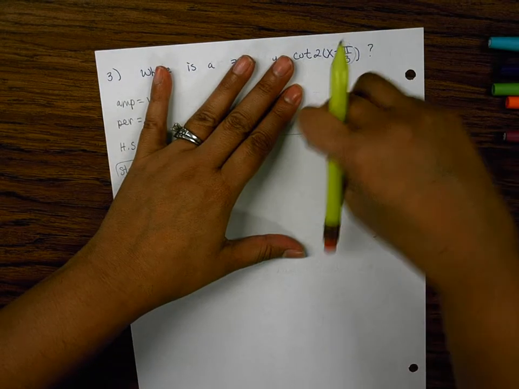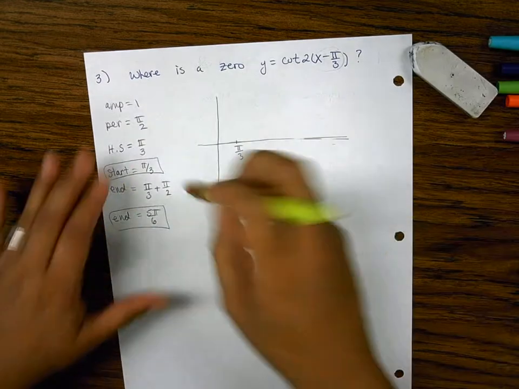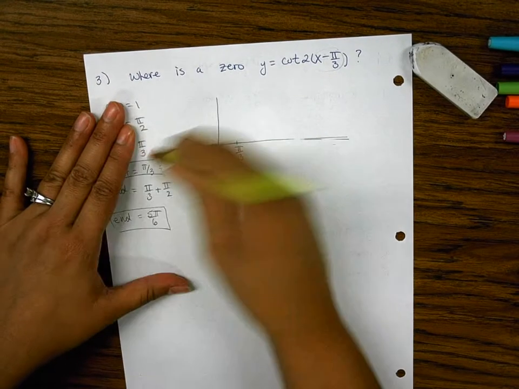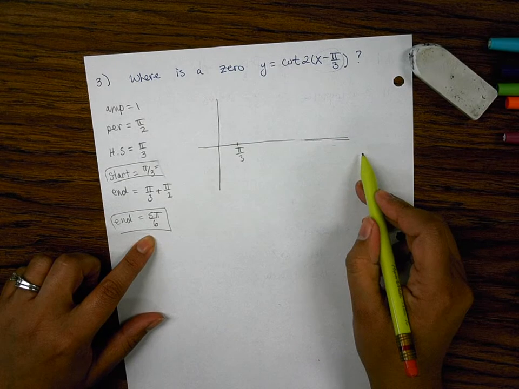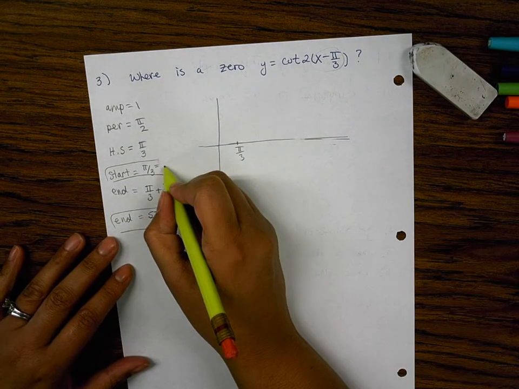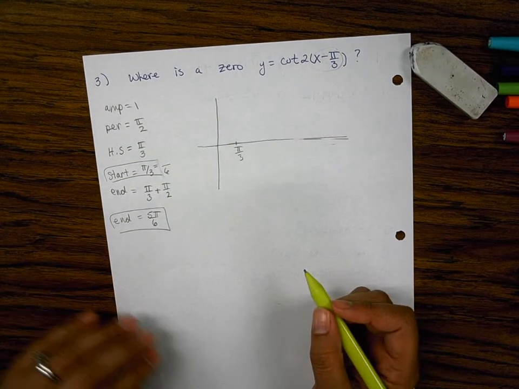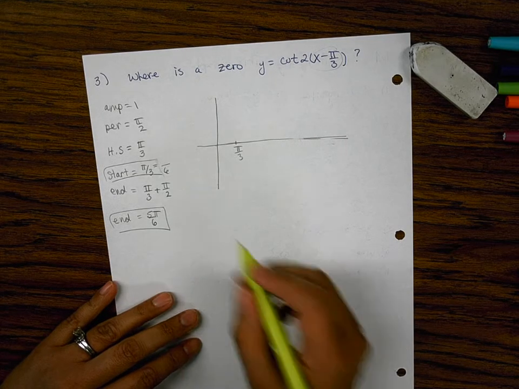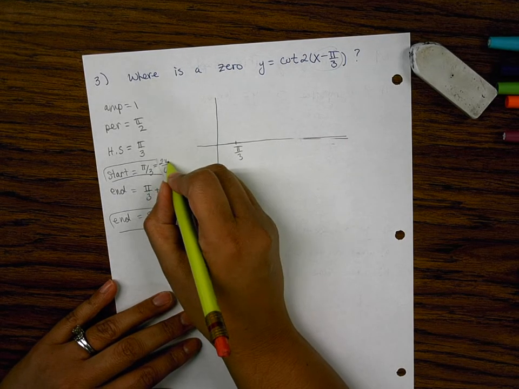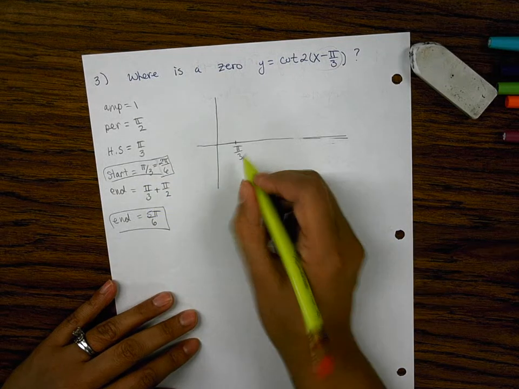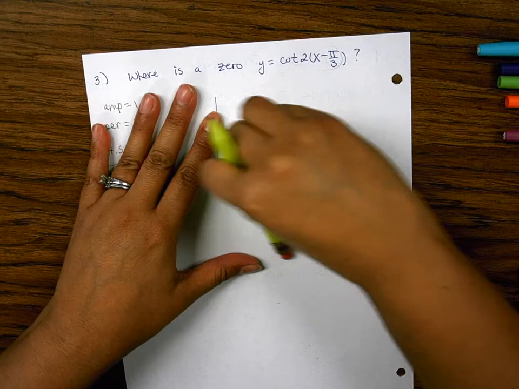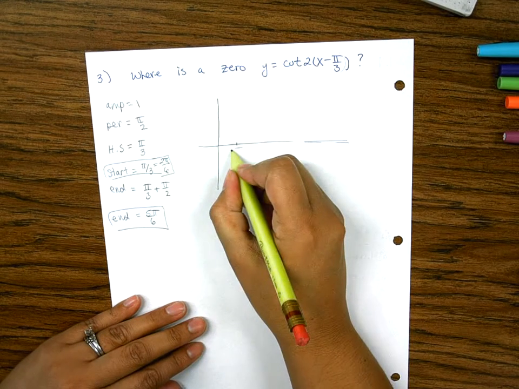Okay, because I want this to end up counting out evenly, I'm going to change pi over 3 to have a common denominator with my end for a few reasons. 1, it's easier to space out. 2, when I'm adding and cutting in half, I need it to be a common denominator. So pi over 3 is equivalent to 2 pi over 6.